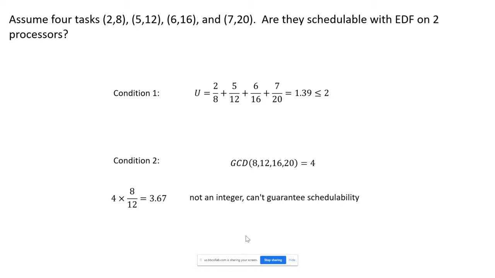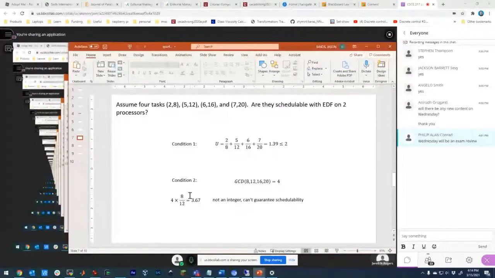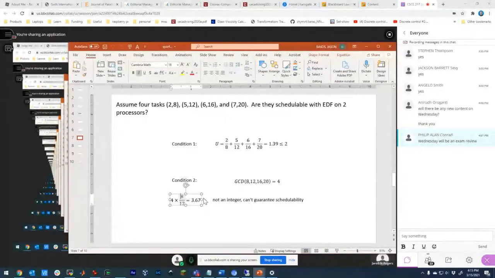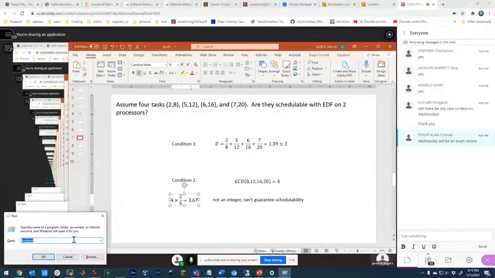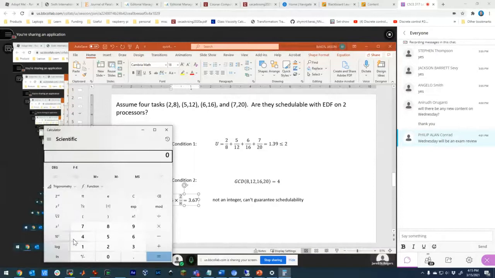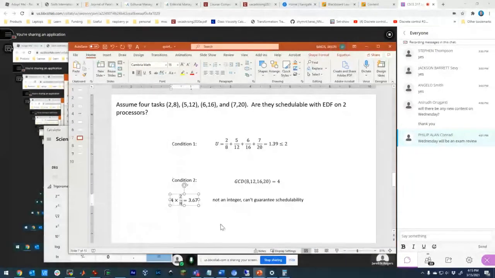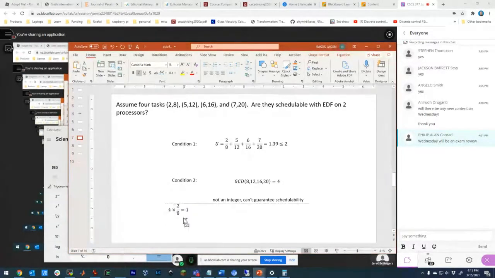Did I do that wrong? Yeah, sorry. Where did I get 8/12 from? It should be 2/8, actually. So that one works out, doesn't it? 4 times 2/8 is just 1, right? So that one works out.